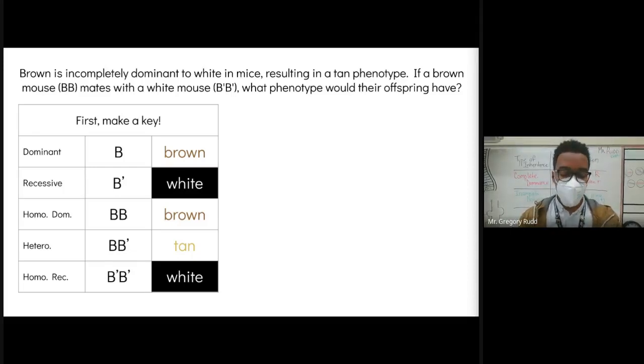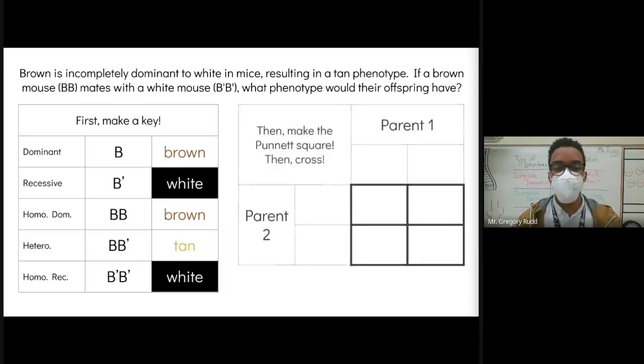We need to, as Melissa says, split the parental genotypes. In this case, we're given the parental genotypes. It would have been a little more tricky had we just said brown mouse and white mouse, but we're actually told BB and B prime, B prime. So that makes it a little bit easier for us. Parent one is the brown mouse.